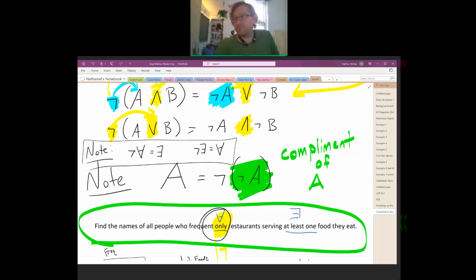If a teacher says that not all students passed the test, that's the same as saying there exists a student who did not pass the test. Similarly, if there does not exist a student who failed the test, then that means that all students passed the test.